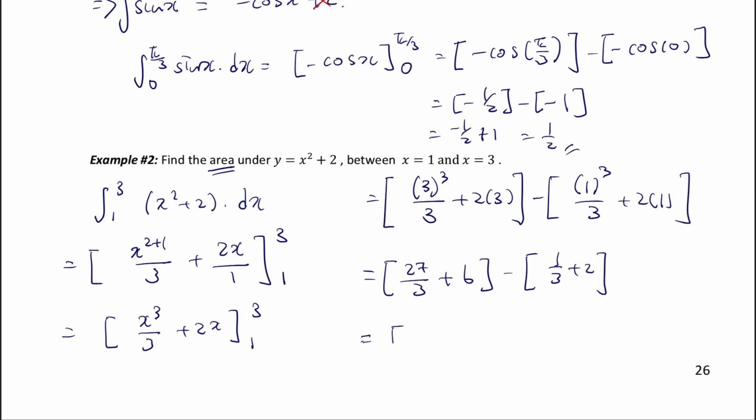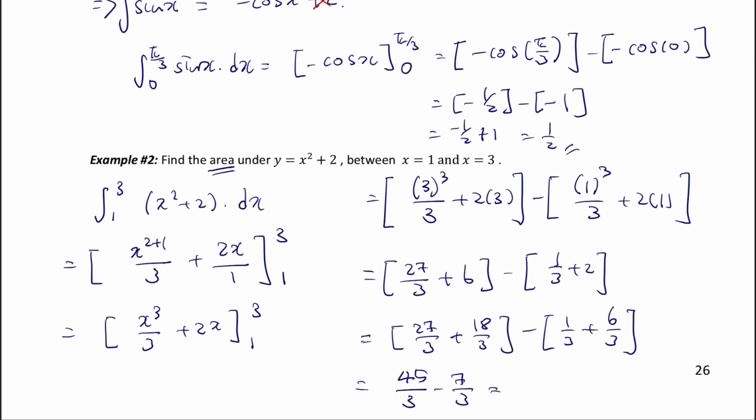This simplifies into 27 over 3 plus 18 over 3 minus 1 over 3 plus 6 over 3. This is the same as 45 over 3 minus 7 over 3, which is 38 over 3.